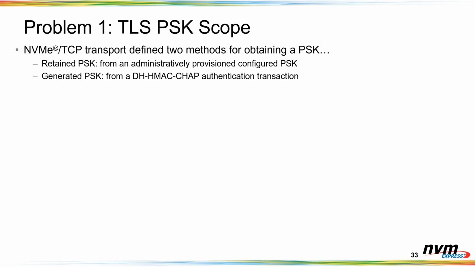This message is over TCP, so it is not encrypted yet. And in this message, the client says, hey, I would like to set up a TLS connection over this TCP session, and I would like to use this PSK. The PSK is specified through one PSK identity.